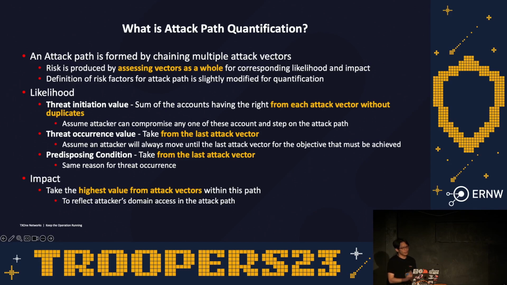For the likelihood, first we have the threat initiation value. The idea is the same: we ask which account, and how likely the attacker can initiate the attack vector. That's what we were saying earlier. Now for the attack path, we're trying to view the sum of all the accounts who can initiate an attack vector inside this path.